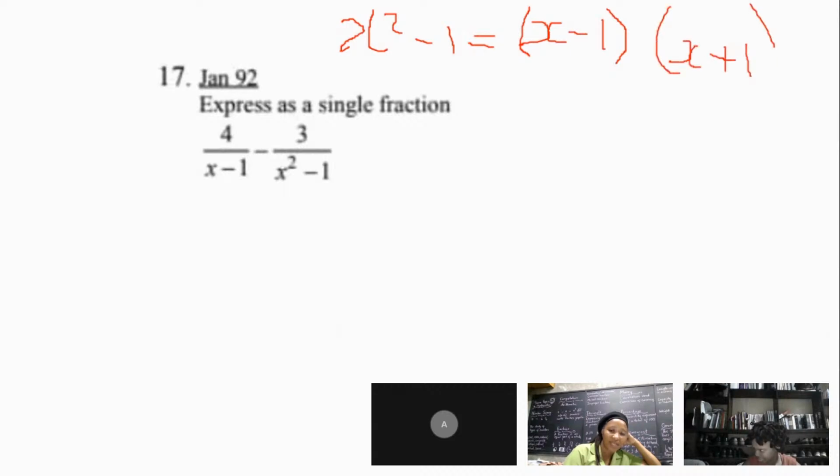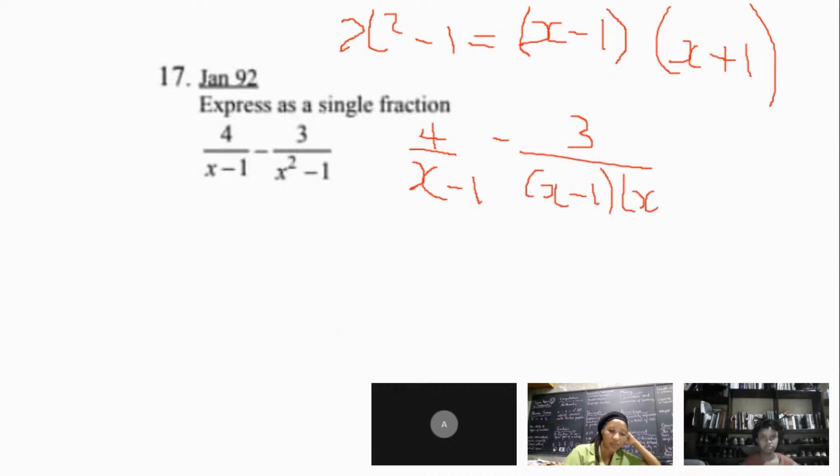All right, x minus 1, x plus 1. So we're going to replace this by this, okay? So it will be 4 over x minus 1 minus 3 over x minus 1, x plus 1. So the LCM, because this has an x minus 1 as well, is just that, x plus 1, x minus 1.